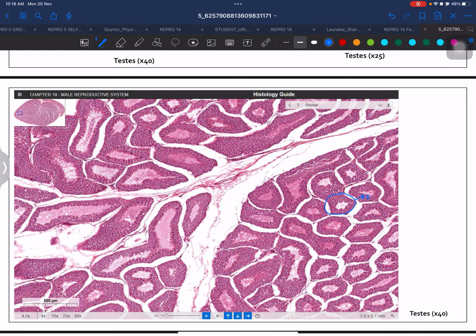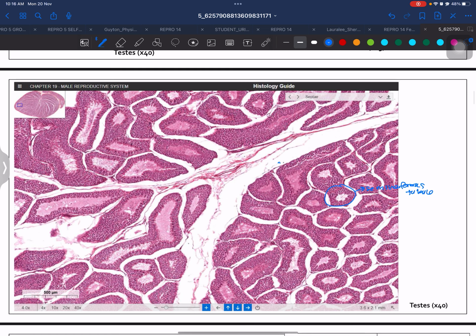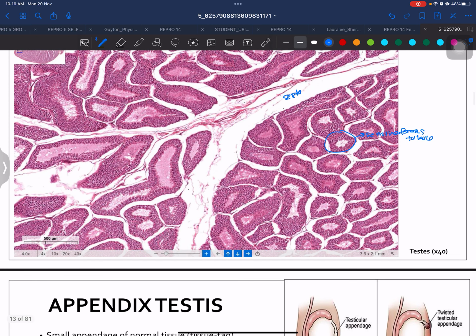These are all the seminiferous tubules. These are all the septa, and in between here we have the interstitial tissue, the Leydig cells. Later we will look again.